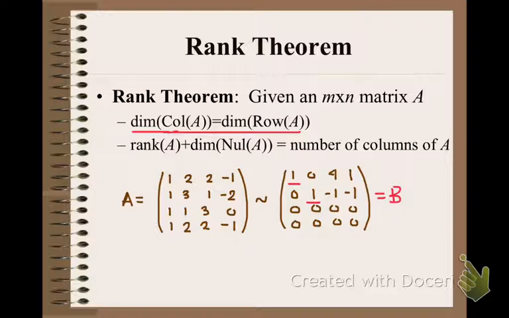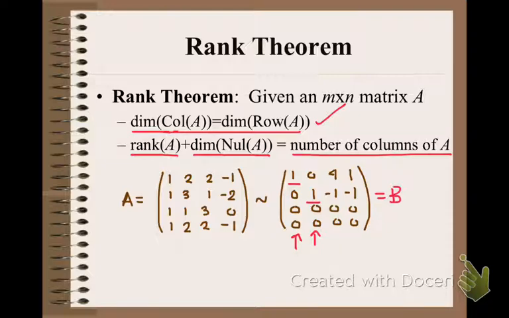So this makes sense. Additionally, the rank theorem tells us that the rank of A plus the dimension of the null space of A is the number of columns of A. So why is that true? The rank of A is the dimension of the column space, and we know that the number of vectors in the basis of the column space is equal to the number of pivot columns in the matrix.